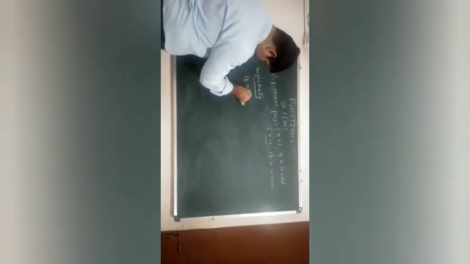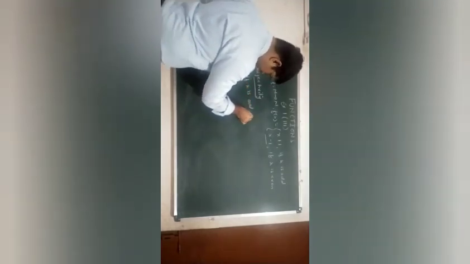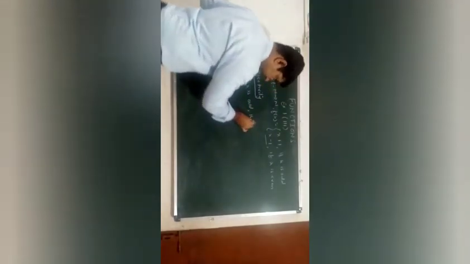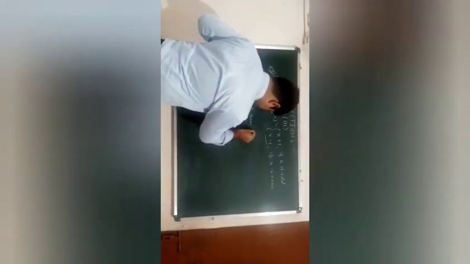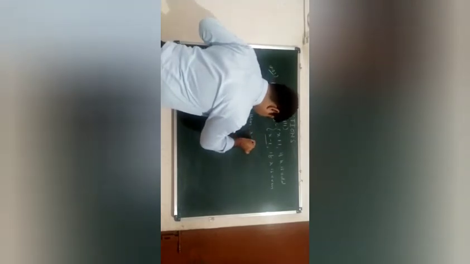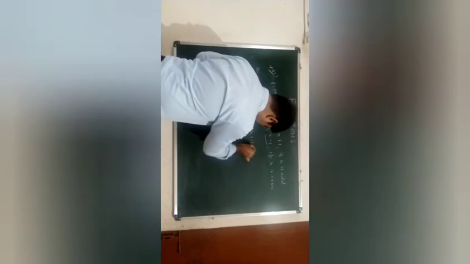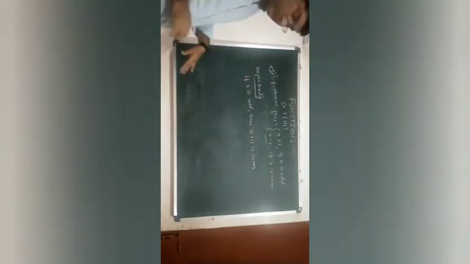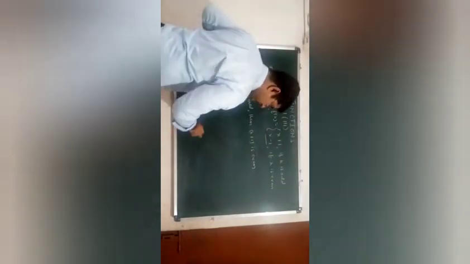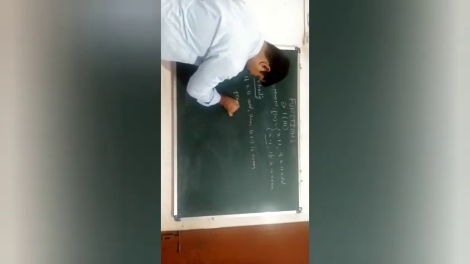If suppose x is odd, then x minus 1 will also be an odd number. Yes or no? If x is odd, then x plus 1 will be even. If you add 1 to any odd number, it will become even. So if x is odd, then x plus 1 is even, and therefore f of x plus 1.